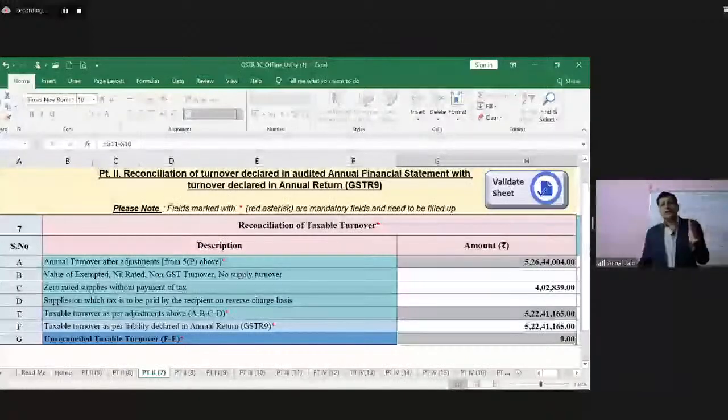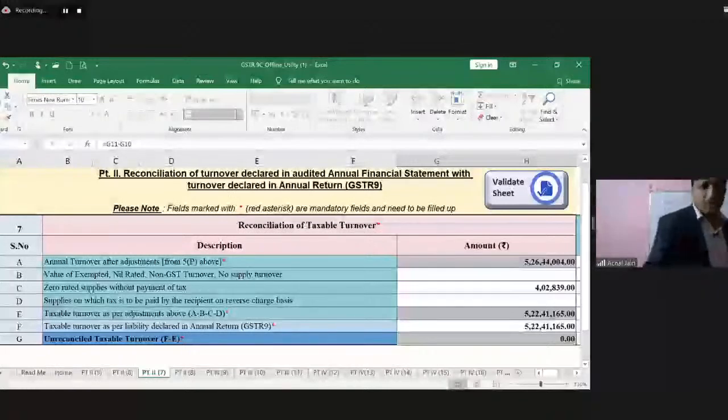From 5 crore 26 lakhs 44,000, this number, 4 lakh, has been reduced. So what is the amount that we get? 5 crore 22 lakhs. Now this is the taxable turnover after making all of these adjustments. And this is also the taxable turnover as per the liability which is declared in the annual return.